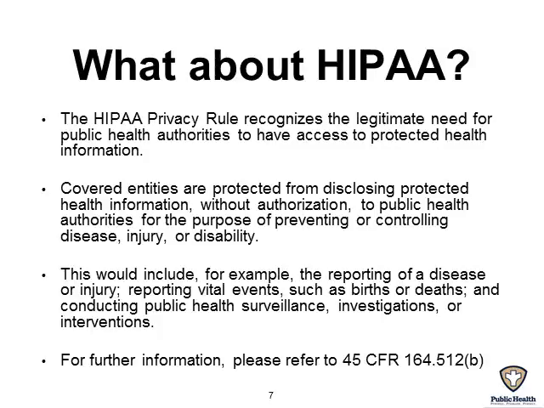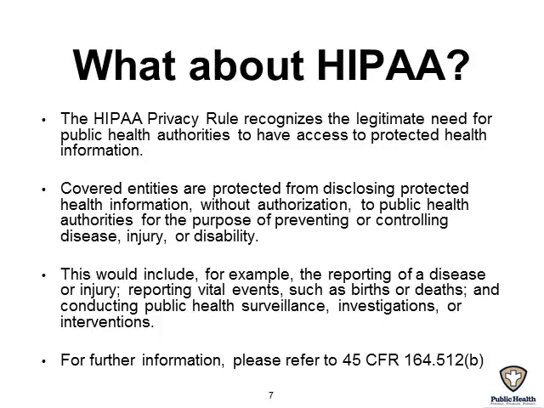It states that, quote, "The HIPAA privacy rule recognizes the legitimate need for public health authorities and others responsible for ensuring public health and safety to have access to protected health information to carry out their public health mission. The privacy rule permits covered entities to disclose protected health information without authorization to public health authorities who are legally authorized to receive such reports for the purposes of preventing or controlling disease, injury, or disability.